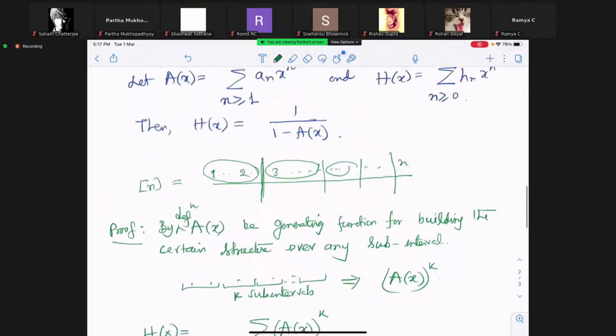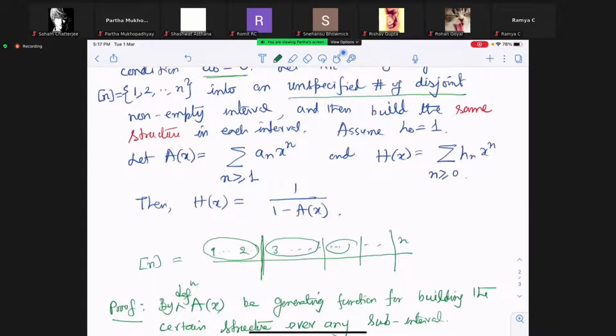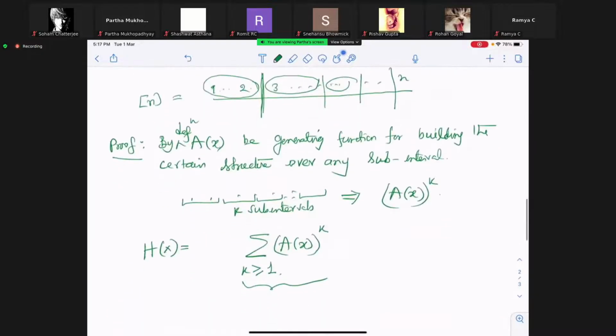However, H has a constant term because H0 I define to be 1. This condition is given, so I put a 1 in front of it. And this is the geometric series, and I can happily add. This is basically what the theorem says. So this is a very abstract principle, and we will see just one example of this principle. Any doubt?